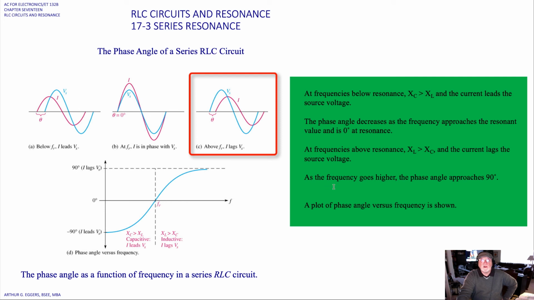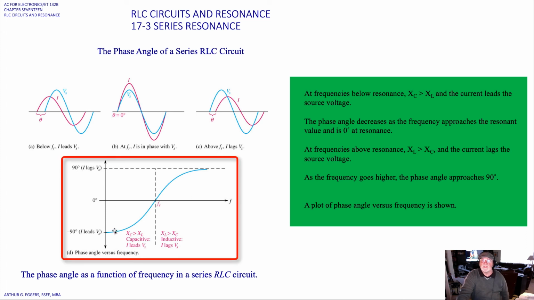As the frequency gets higher, the phase angle approaches 90 degrees, and we can see that in this plot of the phase angle versus frequency. We have a shift that happens at the resonant frequency, from minus 90 where the current leads the voltage, to a point of 0, and then as the frequency increases, the current lags the voltage.